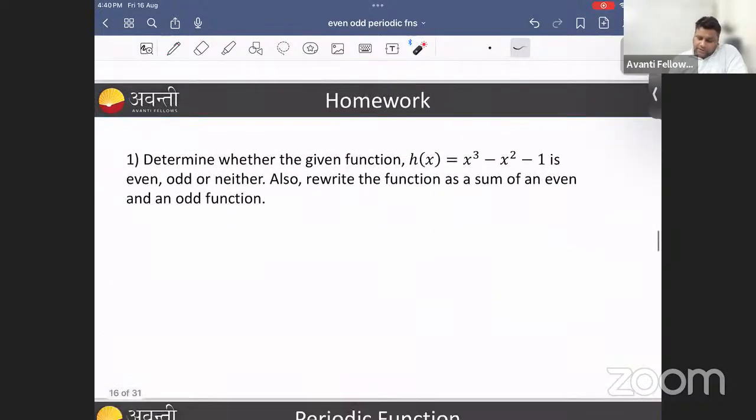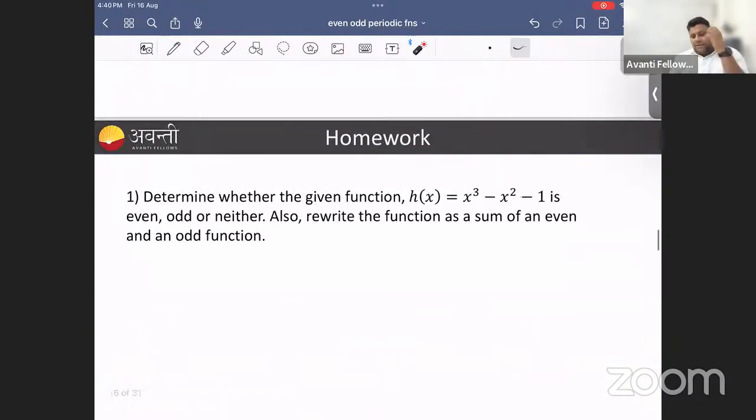All right. Now see, there is a simple question. Determine whether the given function h(x) is even or odd or neither of them. Tell me quickly. Is this h(x) even or odd or what?